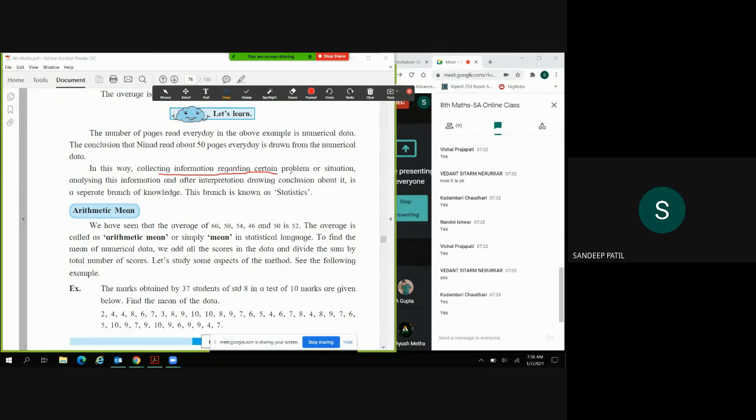Then analyzing the information: we have to collect the information, then analyze whether the vaccine is working against COVID-19 or not. Then drawing the conclusion, right? So this is a separate branch. This is the one problem which I described.